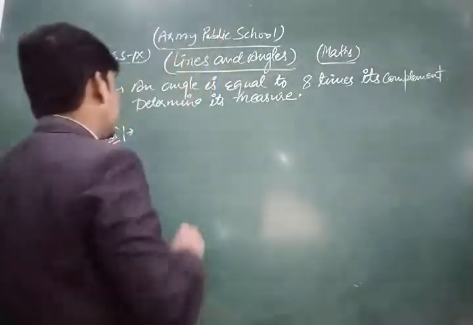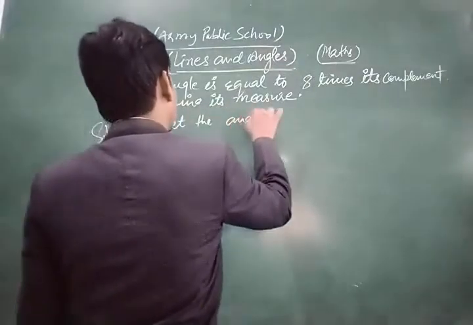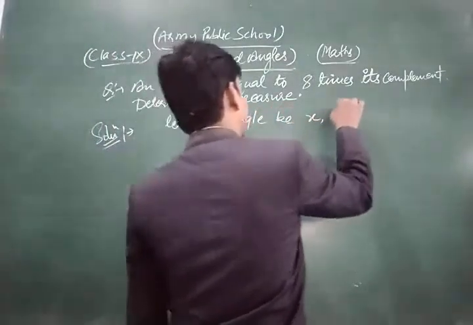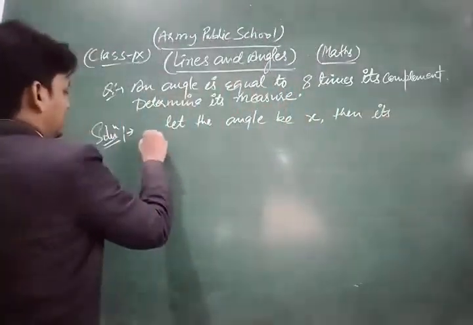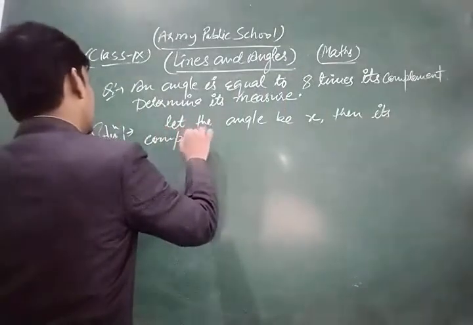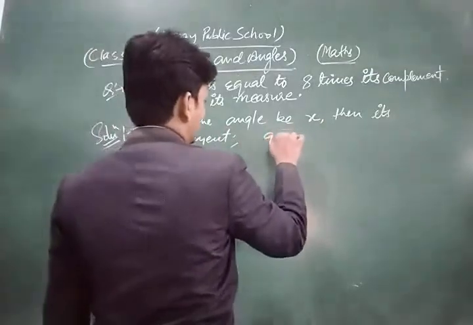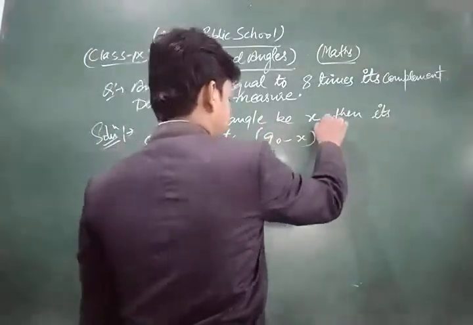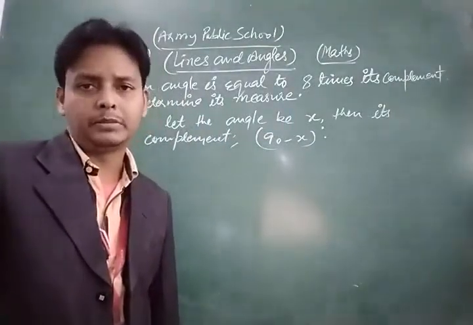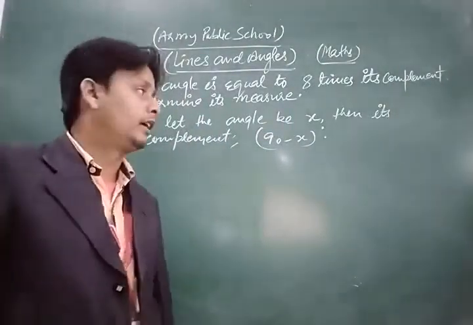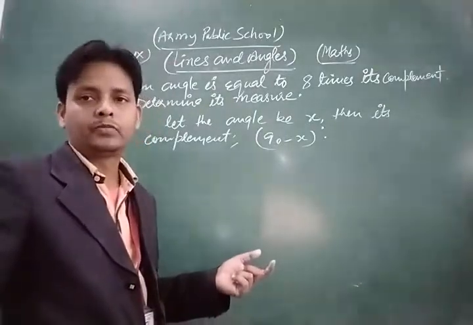So let the angle be x, then its complement will be 90 minus x degrees, because you know that if two angles are complementary to each other, then their sum of measures is 90 degrees.